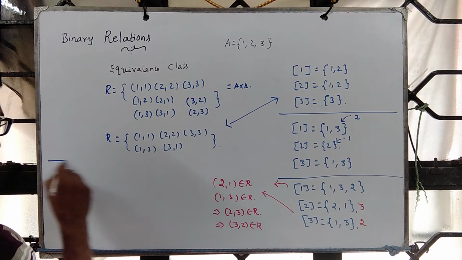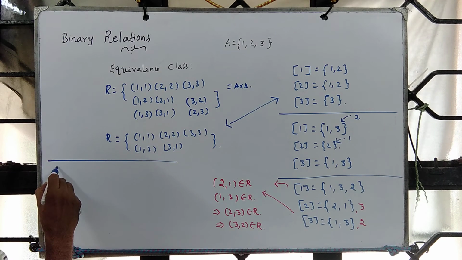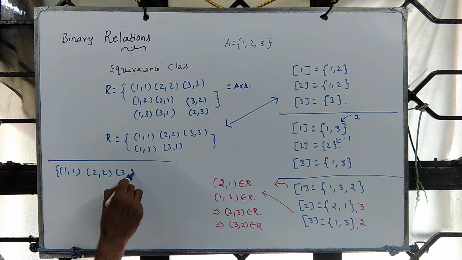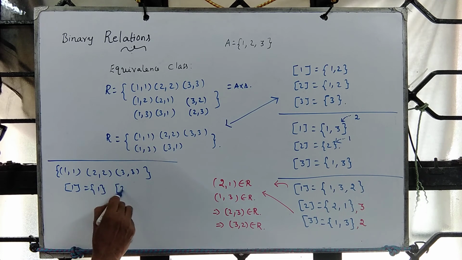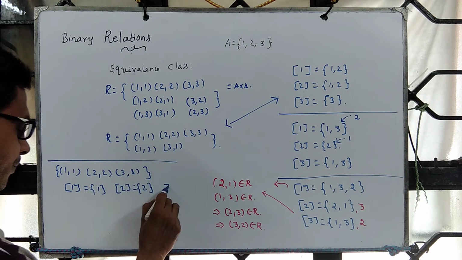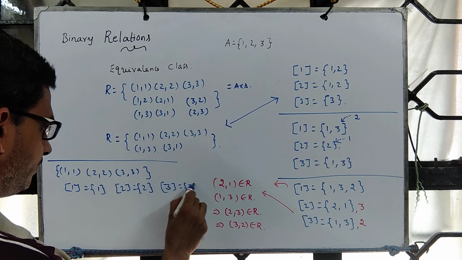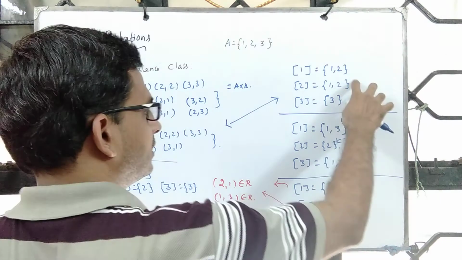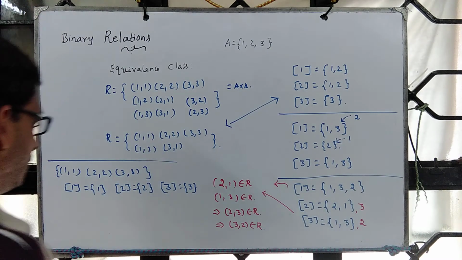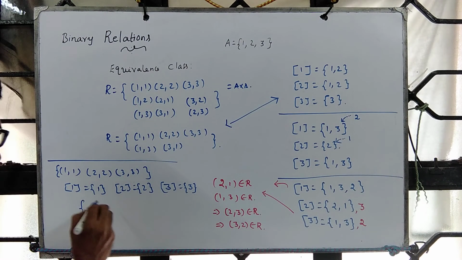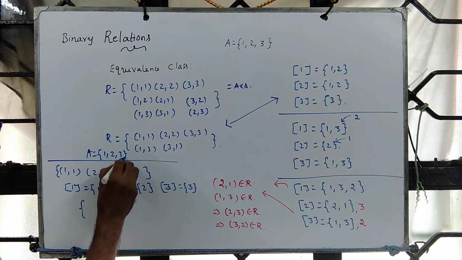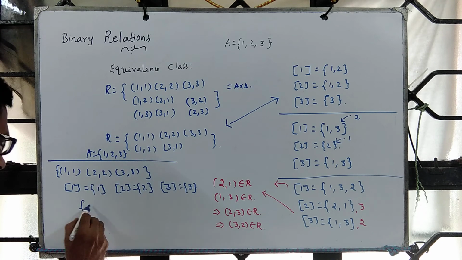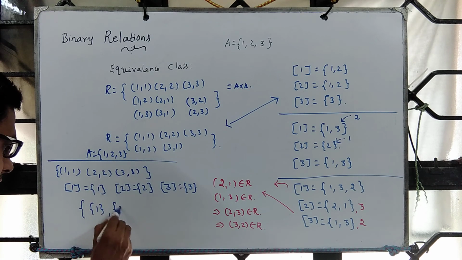So we saw that for this relation (1,1), (2,2), (3,3), the equivalence class of 1 was {1}, of 2 was just {2}, and of 3 was just {3}. For this one it is this and this. So in some sense, if you look at the set A equals {1, 2, 3}, this equivalence class is trying to represent it like this.